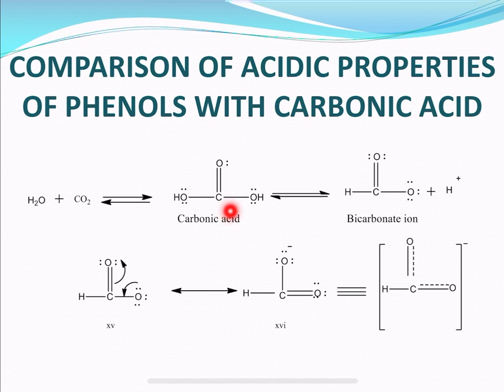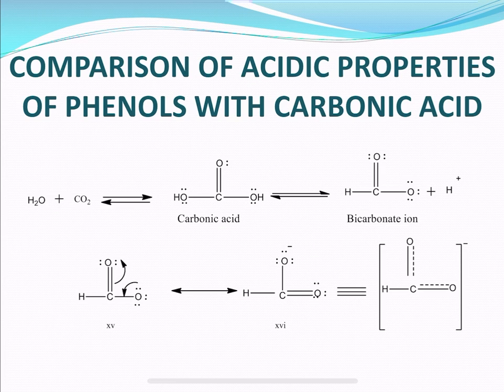Do not worry about balancing the equation here, just observe how carbonic acid is formed. Carbonic acid is converted into bicarbonate ion when it comes in contact with an aqueous solution.